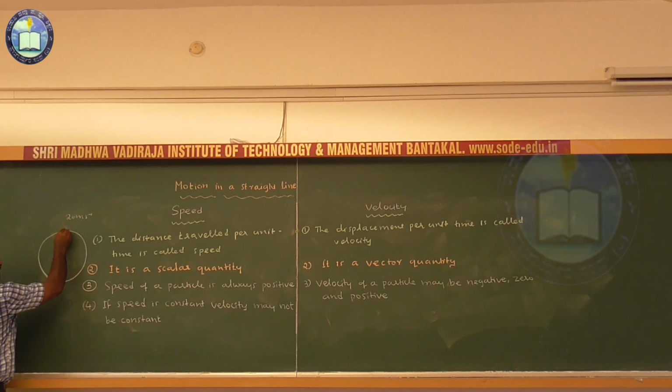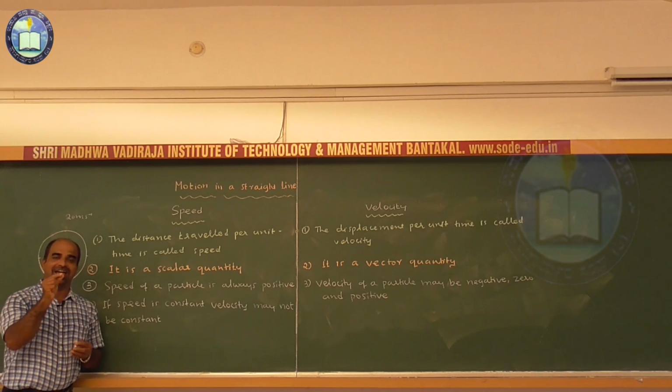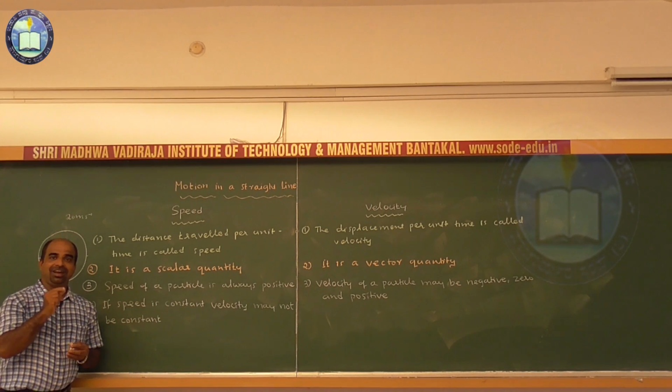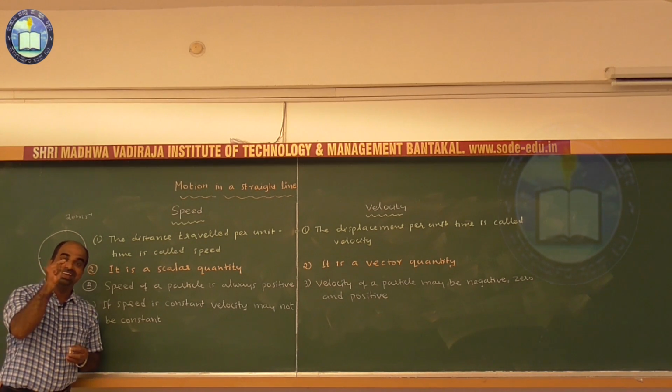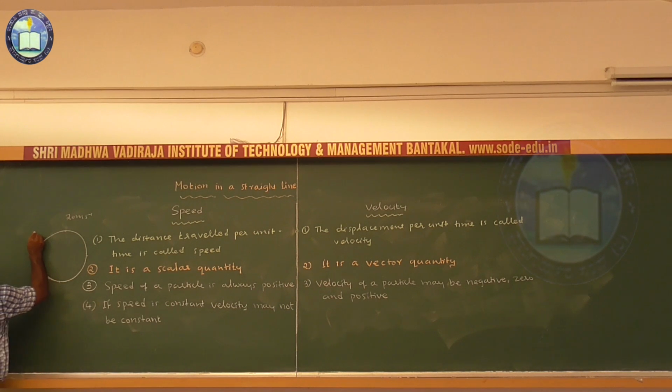But let us choose a point A, B, C, D as different positions of the particle along the circular path. We know the direction of motion of a particle along a circular path at any instant is along the tangent drawn at that point.